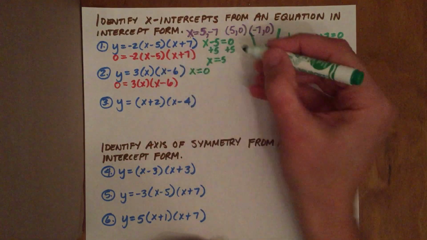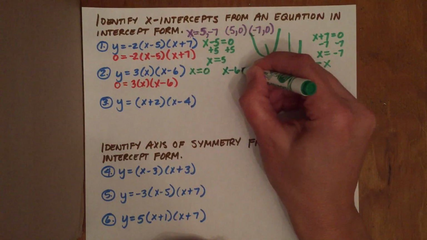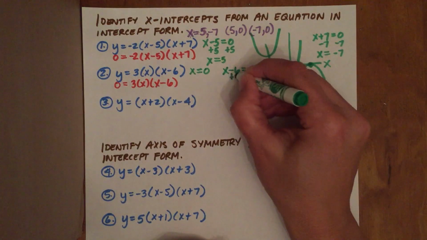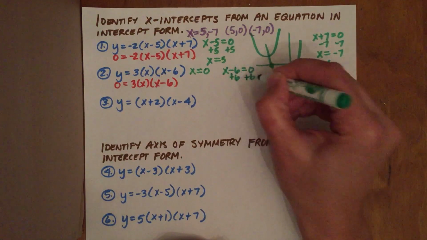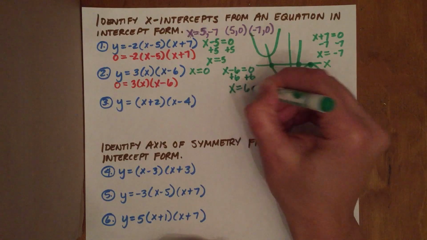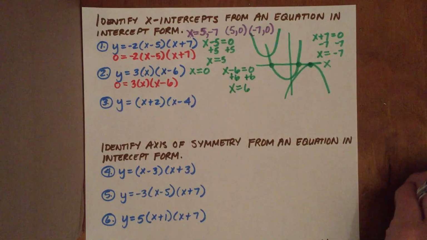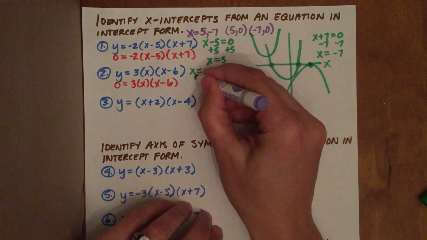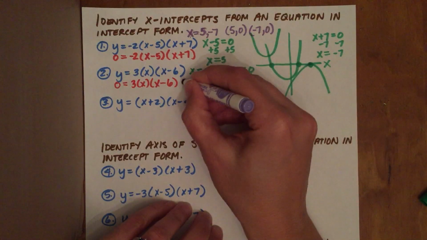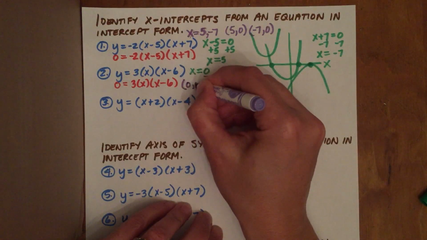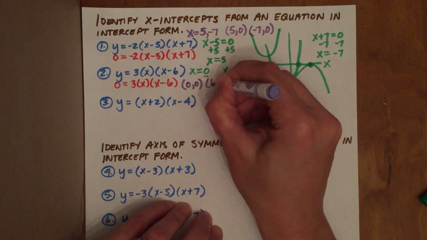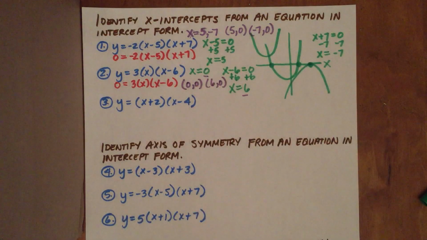X is 0. Then we have to make x minus 6 equal to 0. I'm going to add 6 to both sides, so x also has to equal 6. So there are our 2 roots, 0 and 6. The way we write this correctly is (0, 0) and (6, 0). So that's how we find the roots.